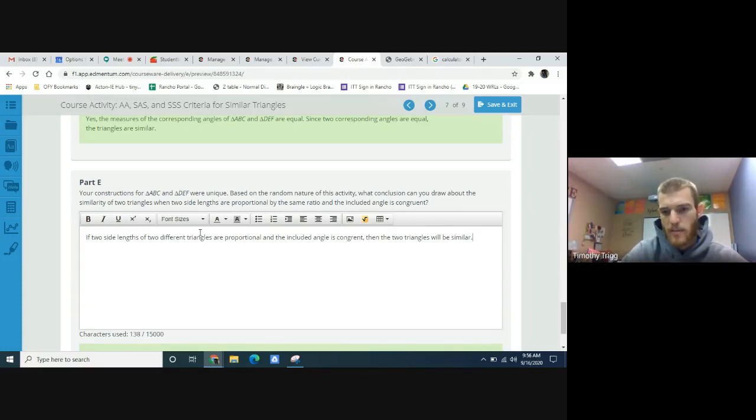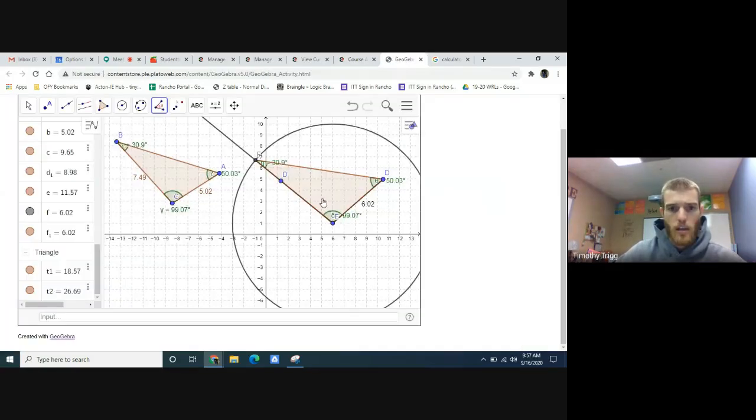And again, similar means the same shape, but not necessarily the same size. You can see that here. These two triangles are the same shape, but they're not the same size. Okay. All right, cool. And these two triangles are similar.